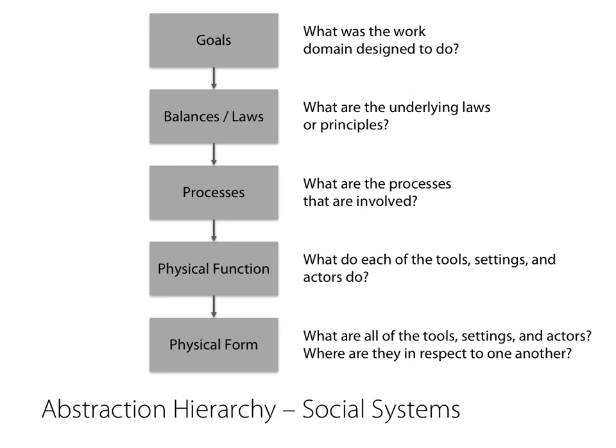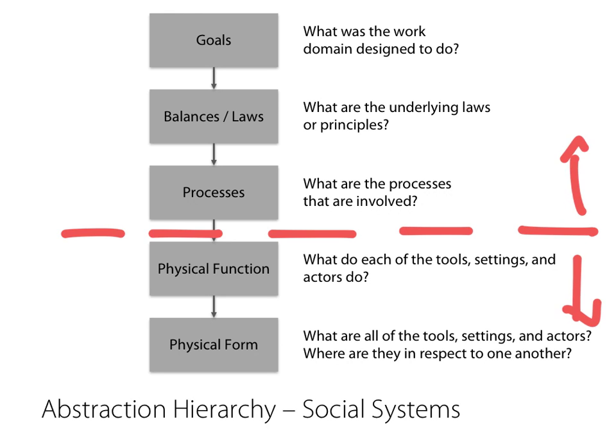When we think about more social systems or socio-technical systems, we can use more general language on these top three levels. And again, just like before, we have this line where below it is the physical stuff, above is the abstract stuff. You'll see that those last two, physical function and physical form, stay basically the same. The names of these top three get generalized.